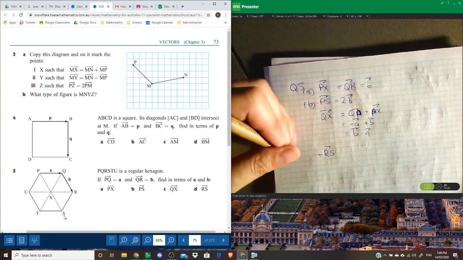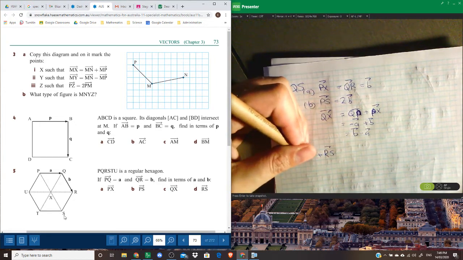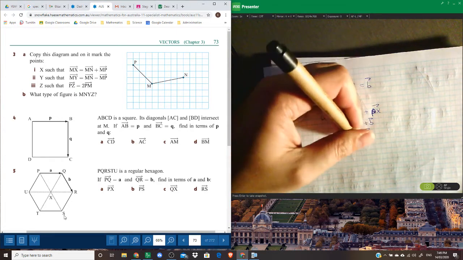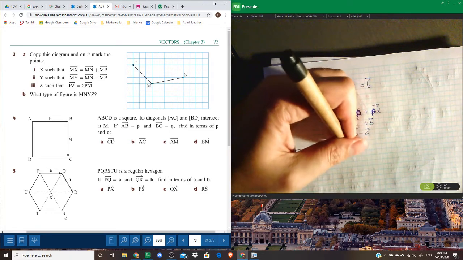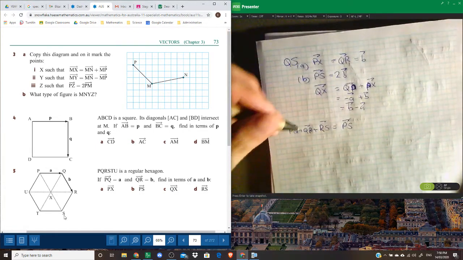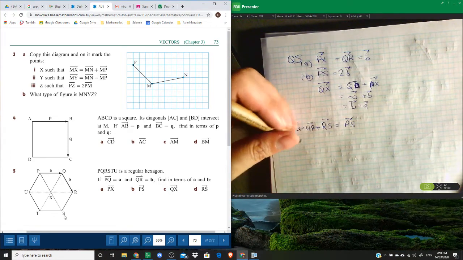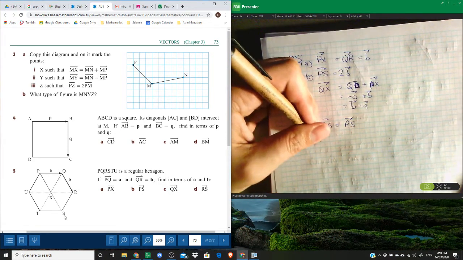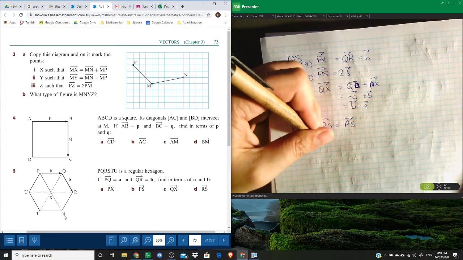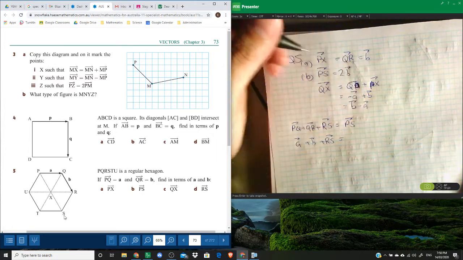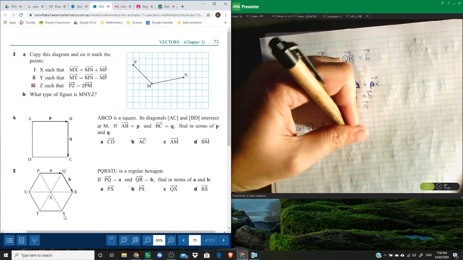So PQ plus QR plus RS equals PS, which I know. So PQ equals A, plus B, plus RS, which is the one I want to solve for, equals 2B.